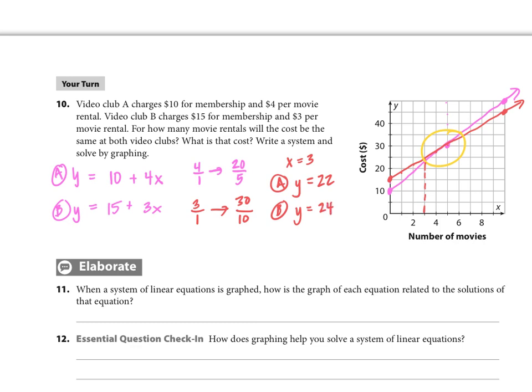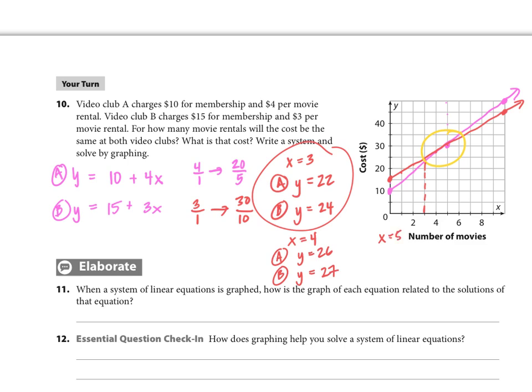Something like that. Okay. So if it's 4 movie rentals, A is 26, and B is 12 plus 15, that'd be 27. Okay.